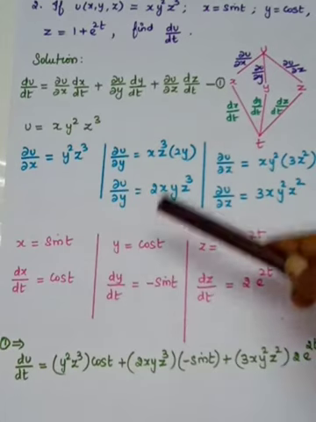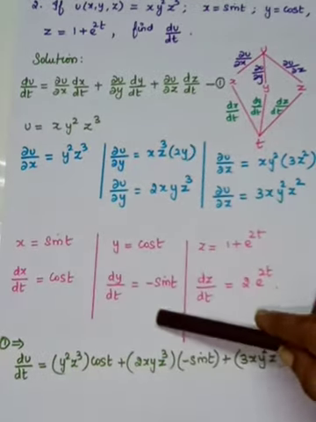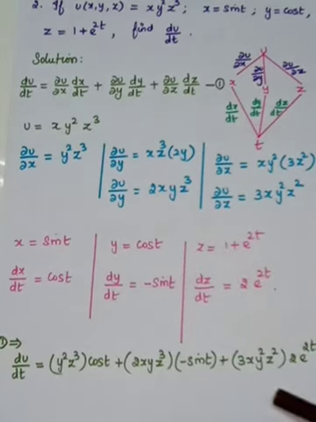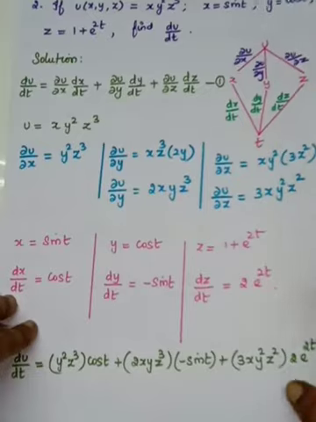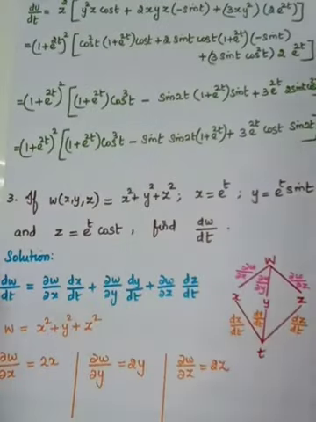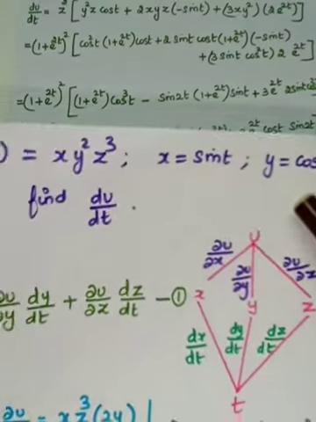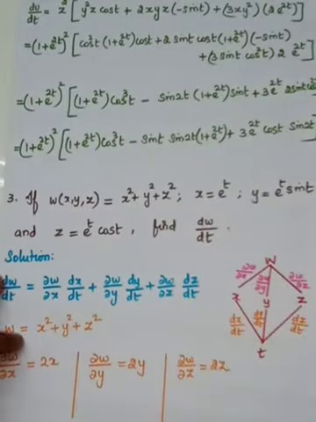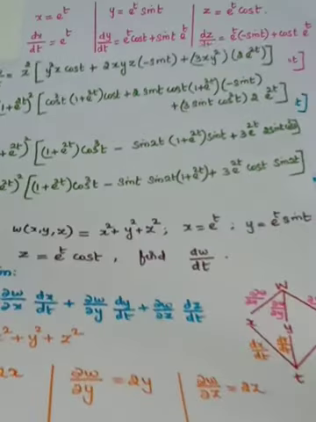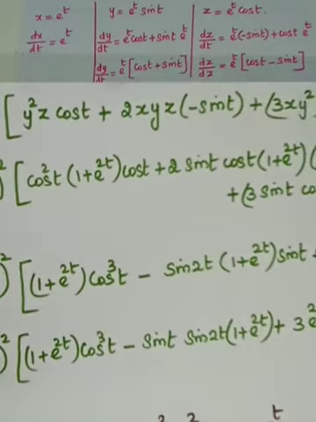It has to be substituted in the formula. So these two terms have to be multiplied, plus these two, and plus these two. So it involves x, y, z, so x, y, z has to be substituted. What is your x? x is nothing but sin t, y is cos t, and z is 1 + e^(2t). So from all the terms, z² is common, so it is taken out. So here what is remaining?